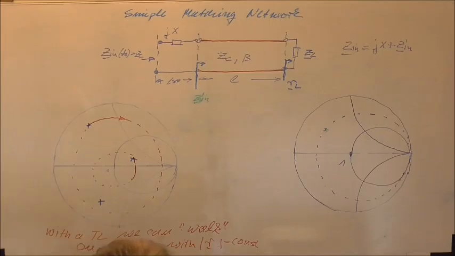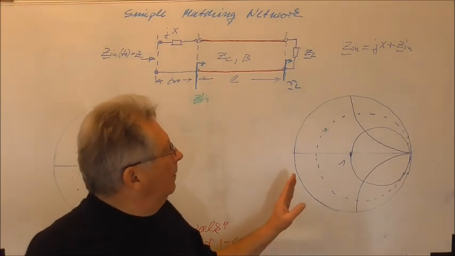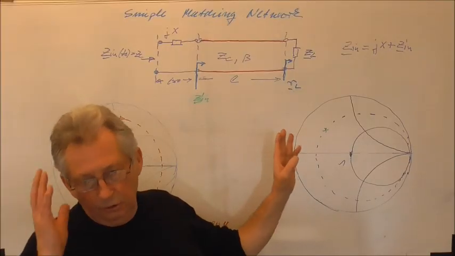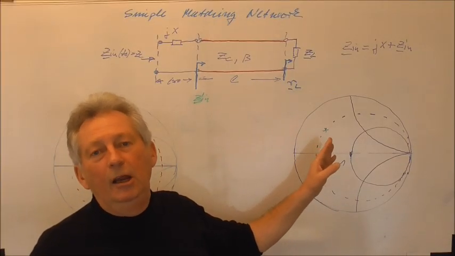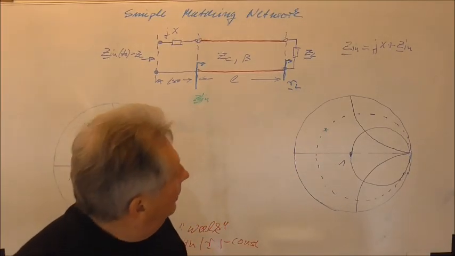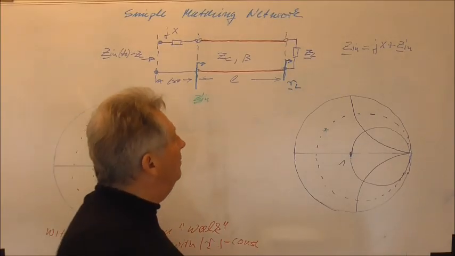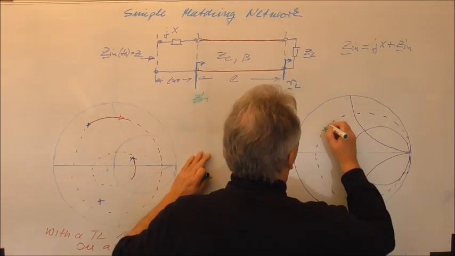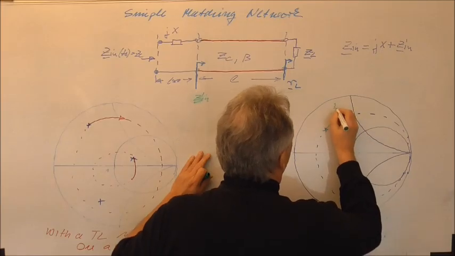We will change the imaginary part, like we move to a different imaginary part, but we do not change the real part. This means we can move now, for example, in this direction with an inductance.